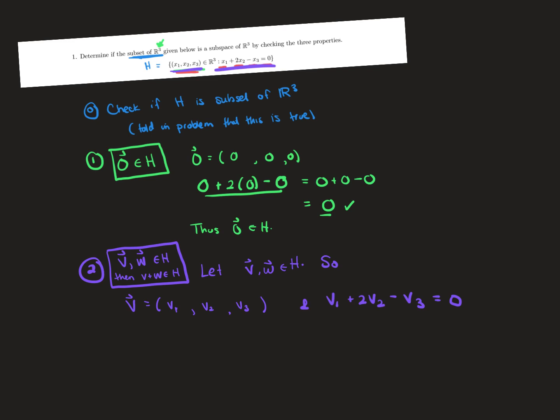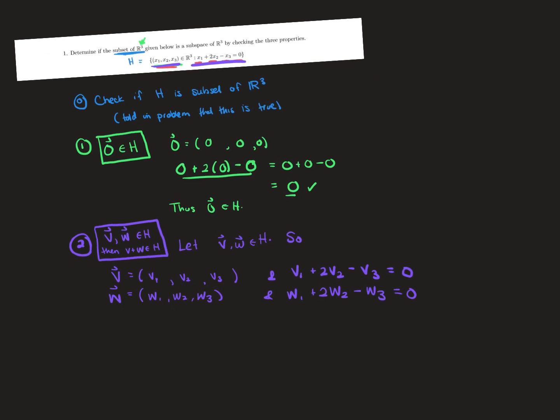The same goes for W, which I can call W1, W2, W3. It has to be the case that W1 plus 2 W2 minus W3 also equals 0.